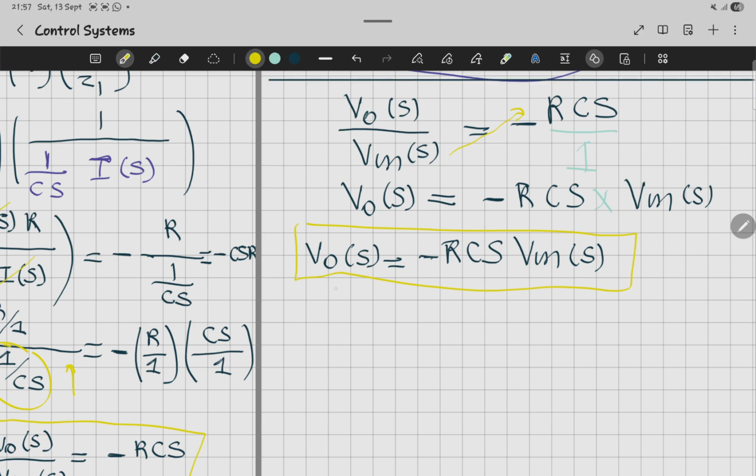So what you do here, you take the inverse Laplace.